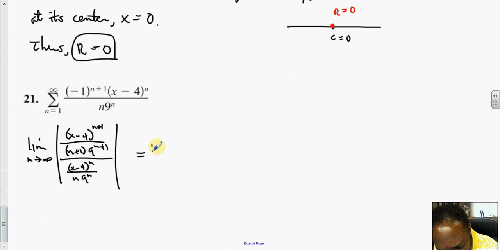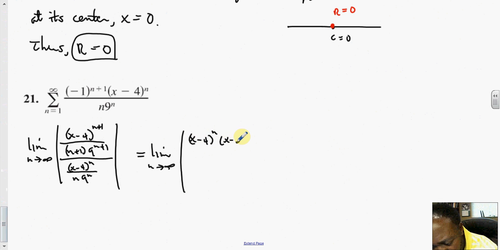So this is equal to the limit. We're going to simplify all of that as n goes to infinity of the absolute value of, this is x minus 4 to the nth times x minus 4. And then downstairs, this guy comes upstairs. So this is times n times 9 to the n.